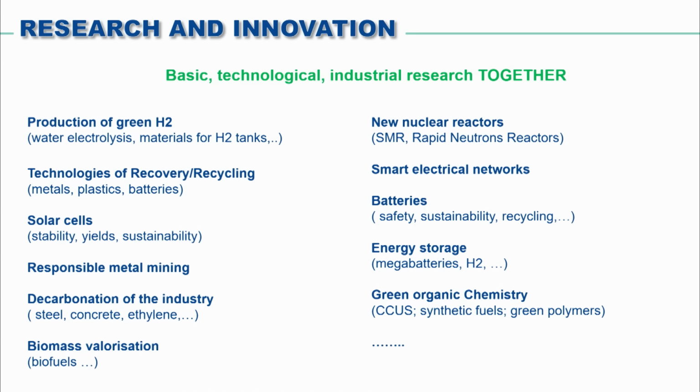Things are not going too fast because there are so many technical problems. So we really need more basic, technological and industrial research altogether. This is a list of different domains where research is still needed.